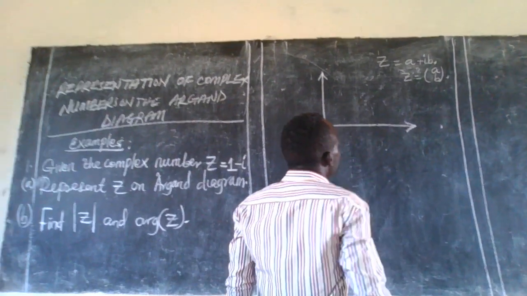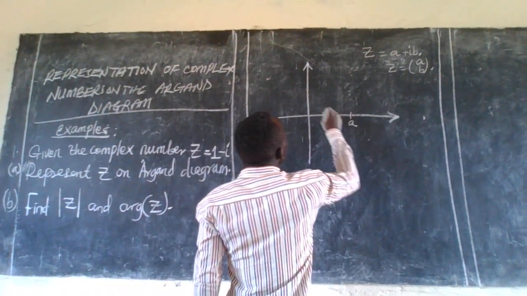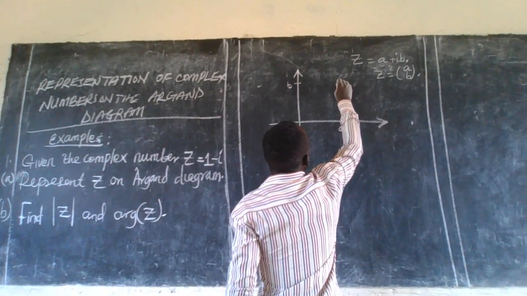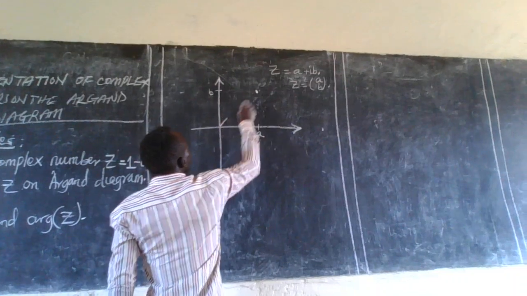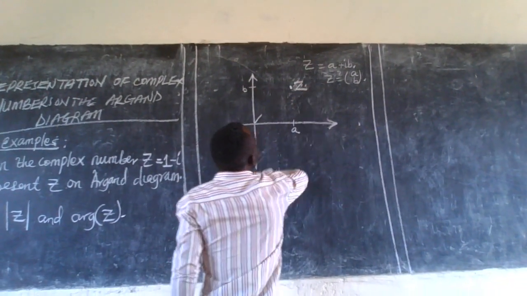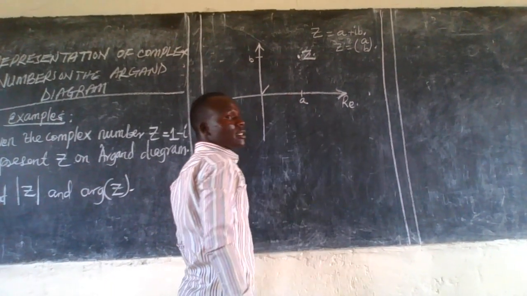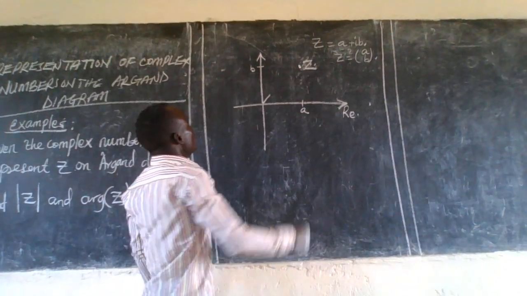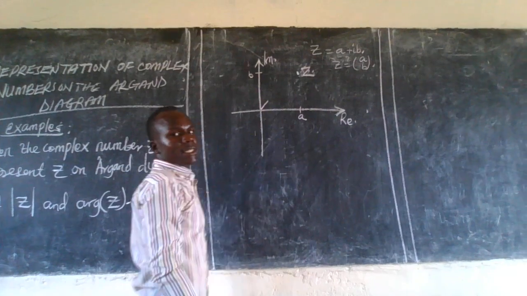So when I plot this on my graph, if this is a, that is b, this is where I will plot it. This is where my z is located. And this is my real axis. Real axis replaces the x axis, and then imaginary axis replaces the y axis.